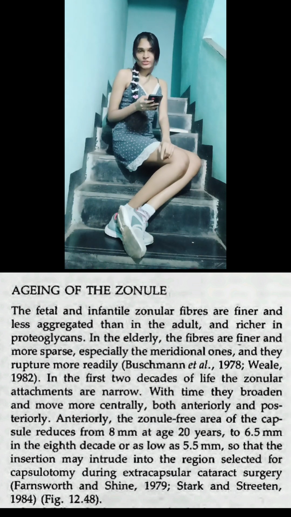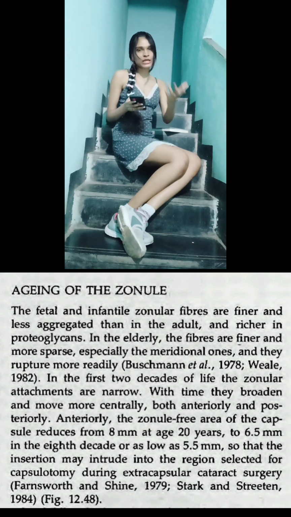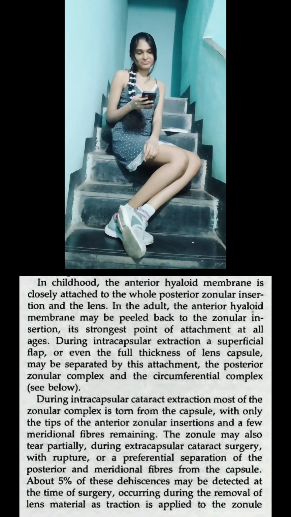That is very important because an ideal capsulotomy is 6 to 7 mm, depending upon the type of surgery. So the zonular insertion is very important clinically. It extends as we age.